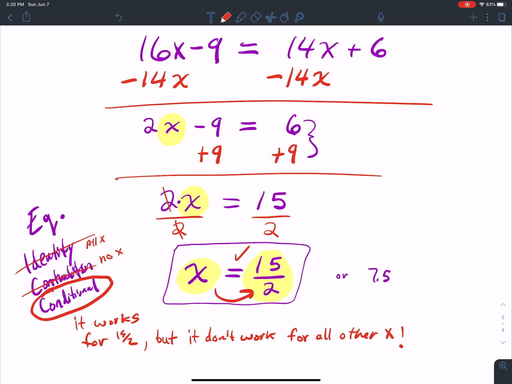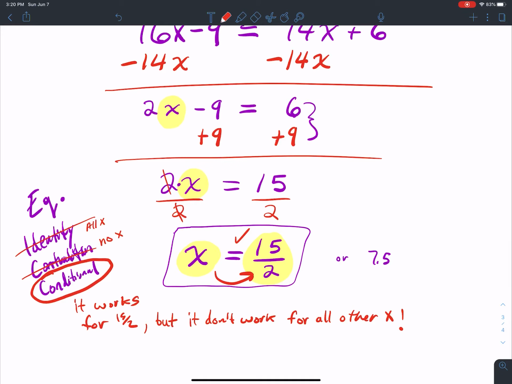So conditional, it's conditioned on being a certain value. So it works for x equal to 7.5 or 15 over 2, but it does not work for any other x value that you choose. If you choose x equals 0, it fails. X equal 15, it fails, right?